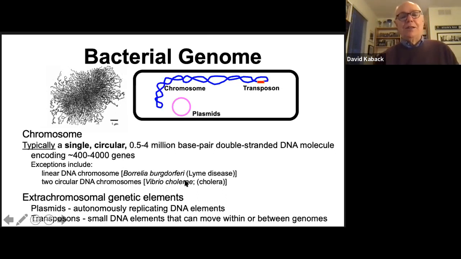And Vibrio cholerae actually has 2 circular chromosomes in order to provide life. So nothing is set in stone that a bacterium has only 1 chromosome and that it has to be a circular DNA molecule. Most bacteria have a single chromosome consisting of a circular DNA molecule.